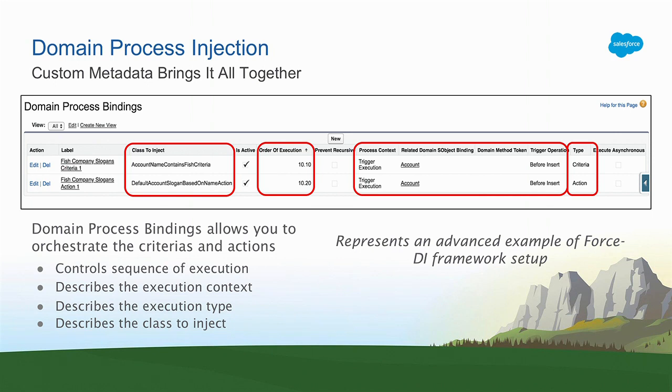But when the process executes, when the trigger, in this case, executes on the account before insert, it scoops up the base domain class, scoops up all of these records, figures out the order. It will execute all of the criteria first. Whatever that result set is, that subset of the records, it will then pass them through the actions. And I can actually define multiple streams of domain processes in this way.